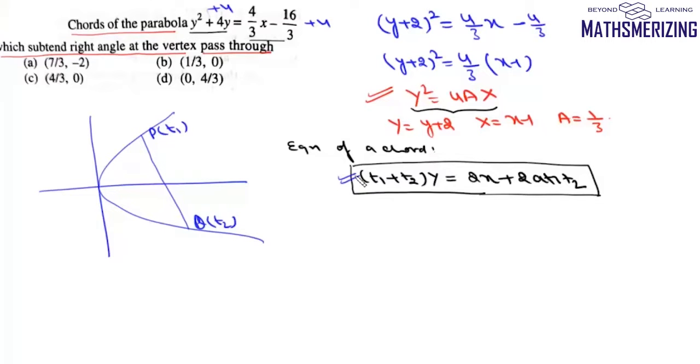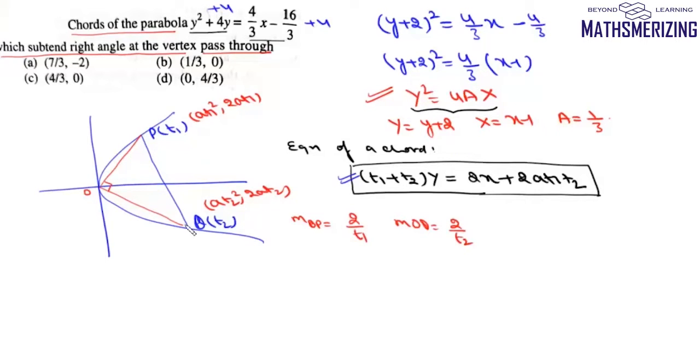Now we know that if this chord subtends a right angle at the vertex, then first we'll find the slope of OP. This point P is (a t1 square, 2a t1), and this point Q is (a t2 square, 2a t2). So the slope of OP is 2 upon t1, and the slope of OQ is 2 upon t2.